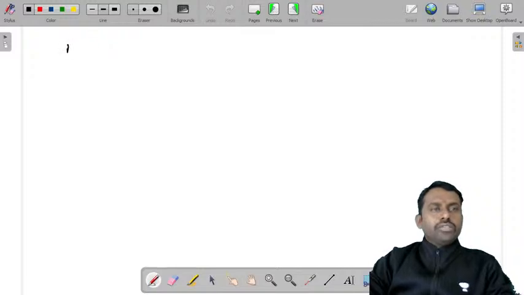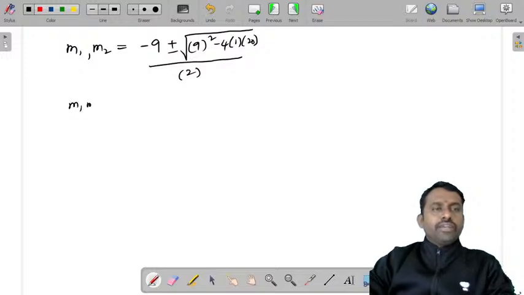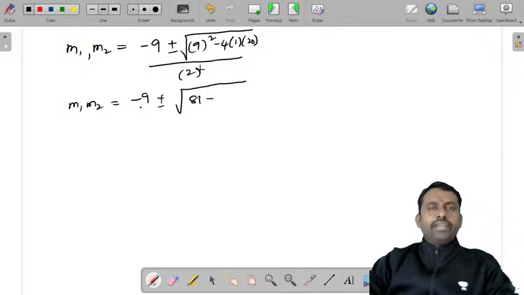So let's see what the roots are. m1 comma m2 is equal to minus 9 plus or minus under root of 9 square minus 4 into 1 into 20 by 2. So m1 comma m2 is equal to minus 9 plus or minus under root of 81 minus 80, 4 into 20 is 80, by 2.